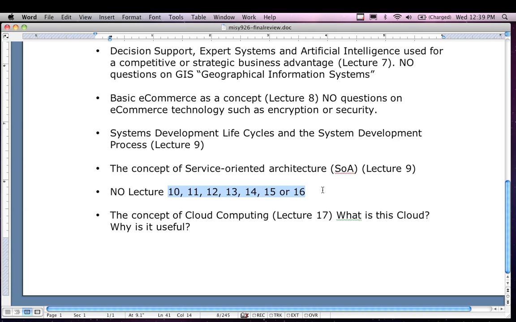Why is it useful? Let's see if it's a true-false or not. You're in luck because the true-falses are kind of easy. You've got 50-50 chances on a true-false question. Oh, it's question number 25, the last question on the exam.